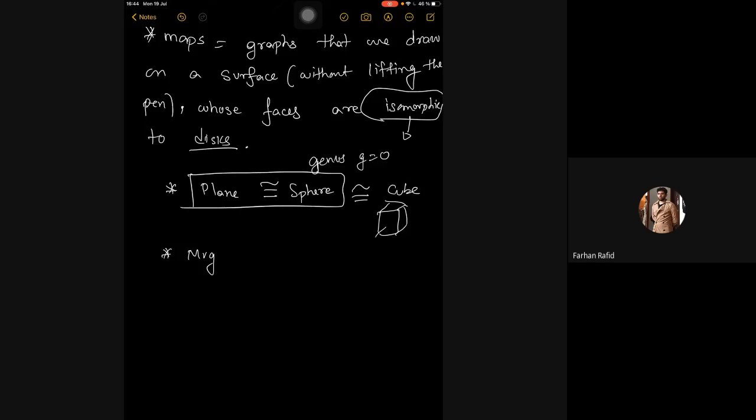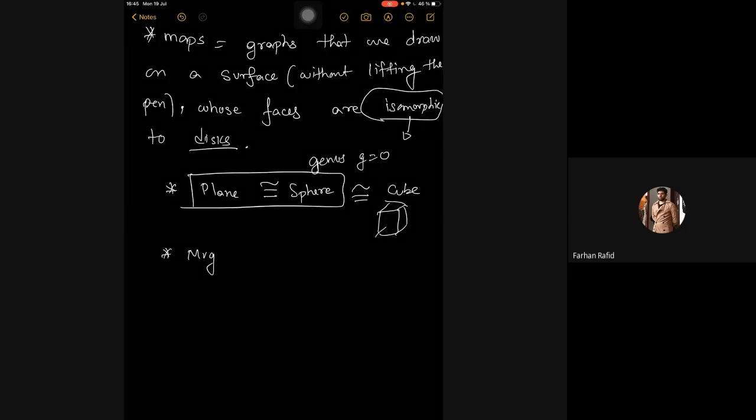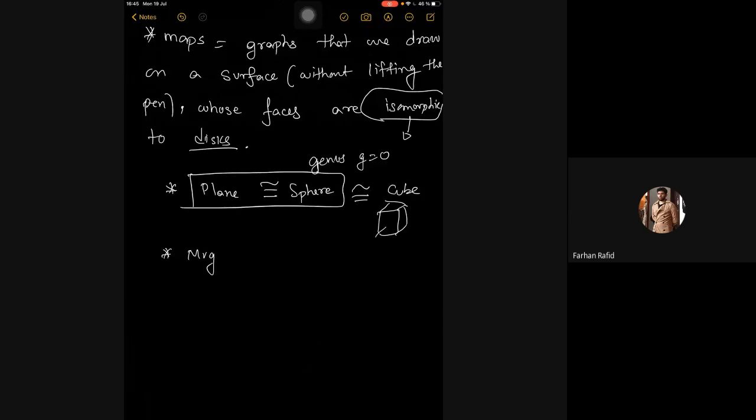Those of you who have done topology might know that this genus thing is very special in 2 dimensions. In higher dimensions, the idea of these things becomes very shaky, and we don't have topological invariants like Euler characteristics in higher dimensions. In 2D, you can classify all topologies by their genus.